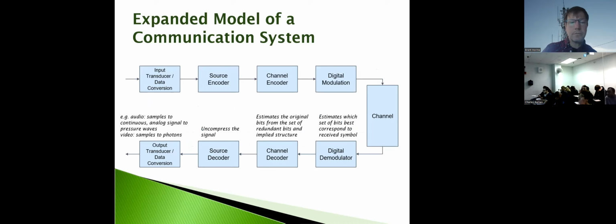So now to go back and review this expanded model of communication system, again, we have this transmitter. It goes through the channel. The digital demodulator estimates which set of bits correspond to the received symbol. And then we try to do some error checking with some basically like parity check bits and that type of thing, and then process it for output, right?